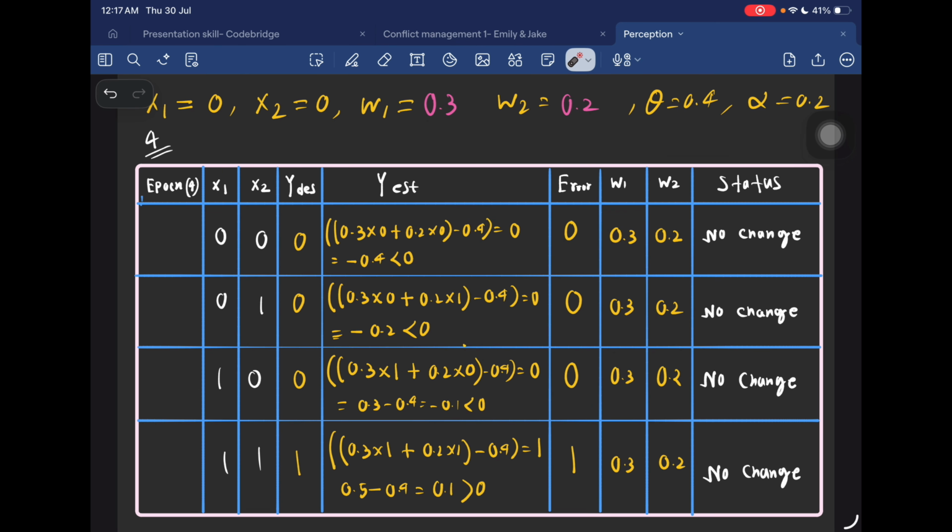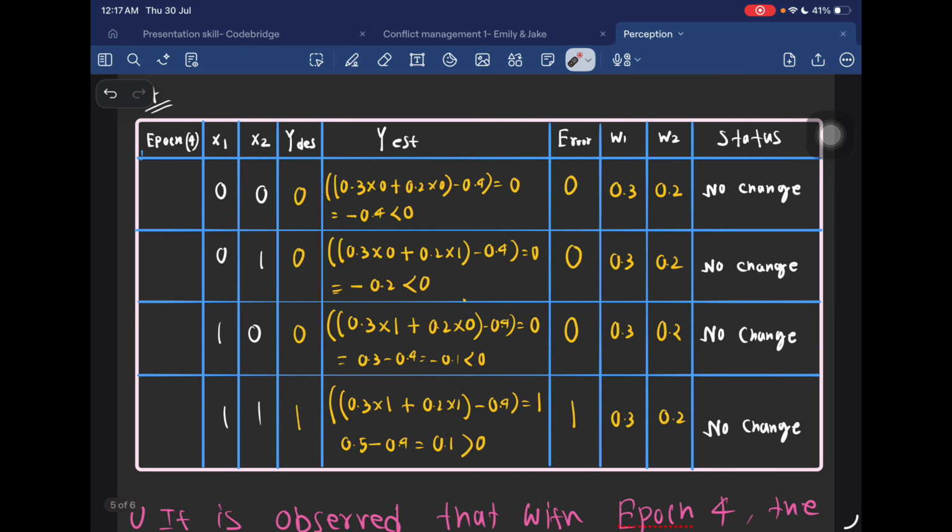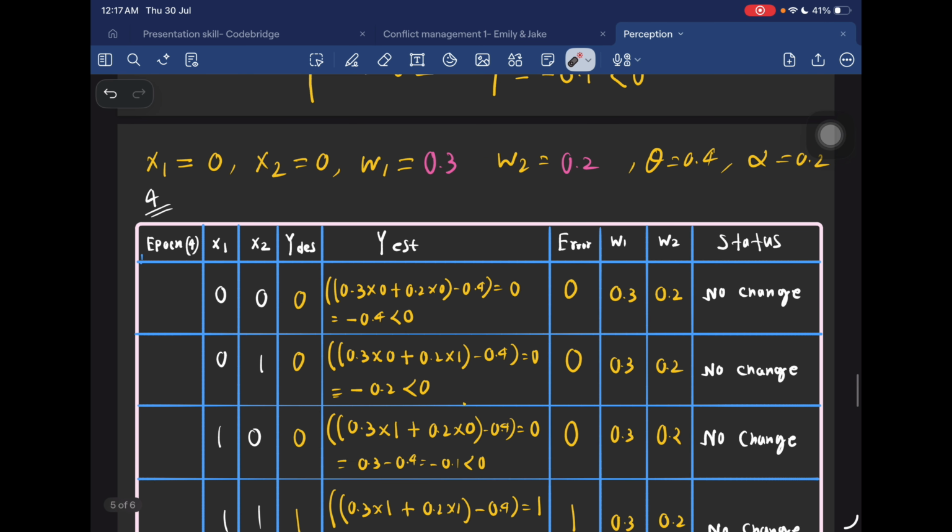Then our epoch 4 comes, where the updated weights are 0.3 and 0.2. Our learning rate, alpha, is 0.4, and our bias is 0.4.